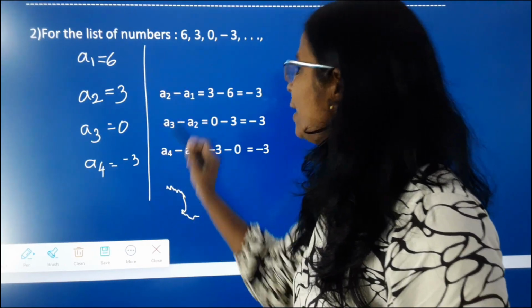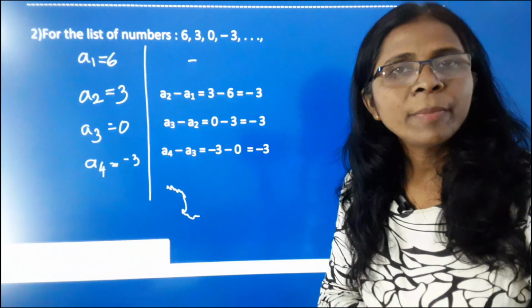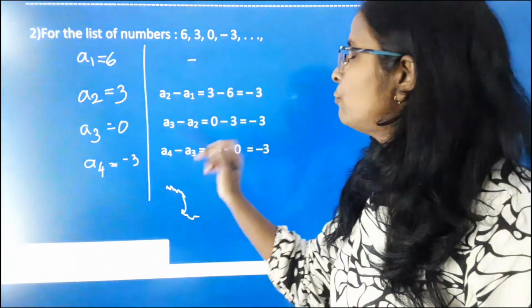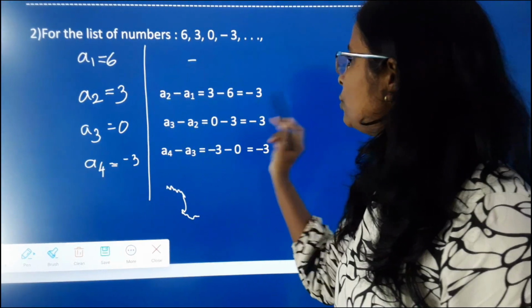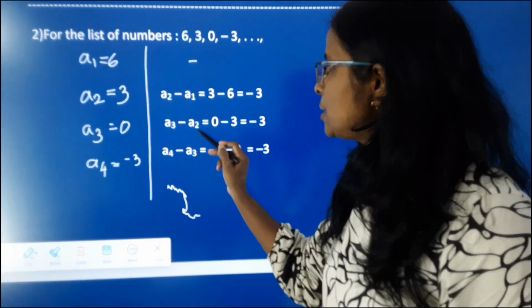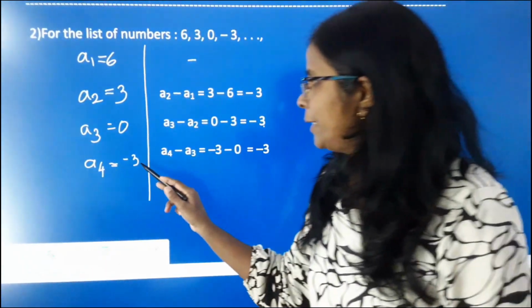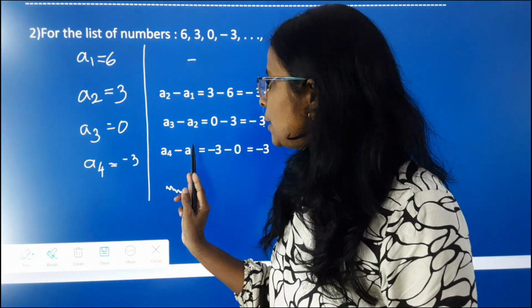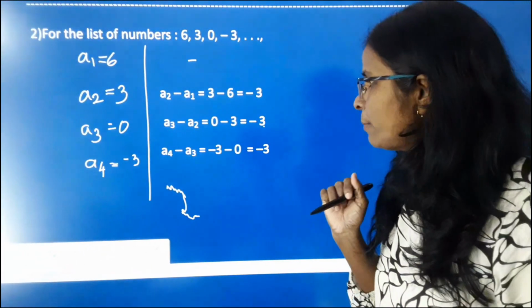Now leave the first space here and then use the formula: A2 minus A1 is equal to 3 minus 6, which is equal to minus 3. A3 minus A2, that means 0 minus 3, which is equal to minus 3. A4 minus A3, minus 3 minus 0, which is equal to minus 3.